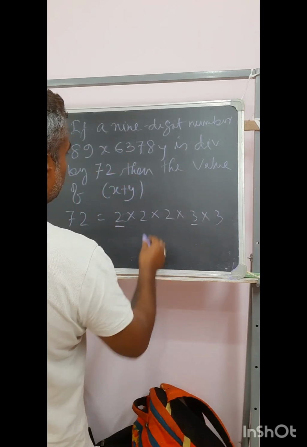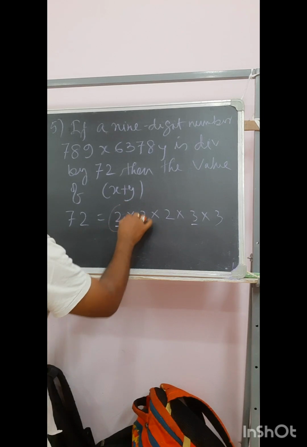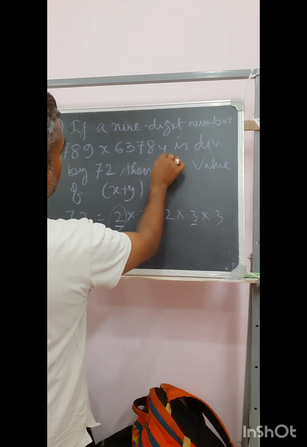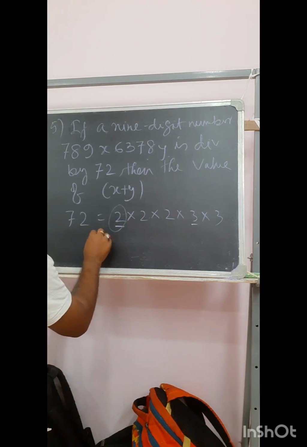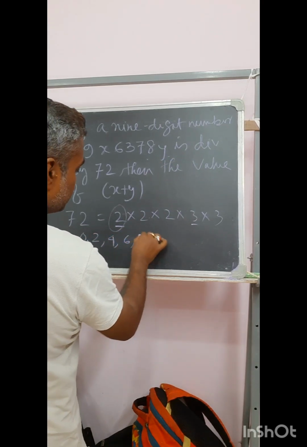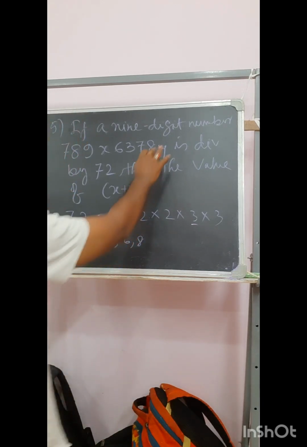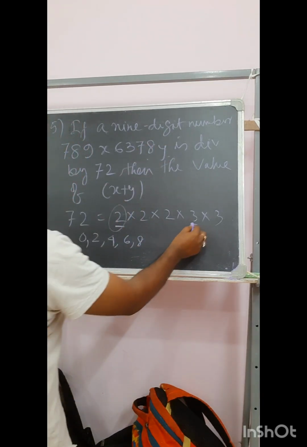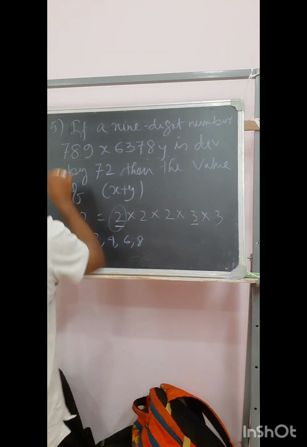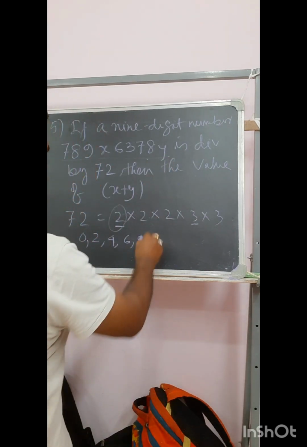From that concept, if any number is divisible by 2, then the last digit must be 0, 2, 4, 6, 8. This must be in the last position. And if it is divisible by 3, then the sum of all the digits must be divisible by 3.